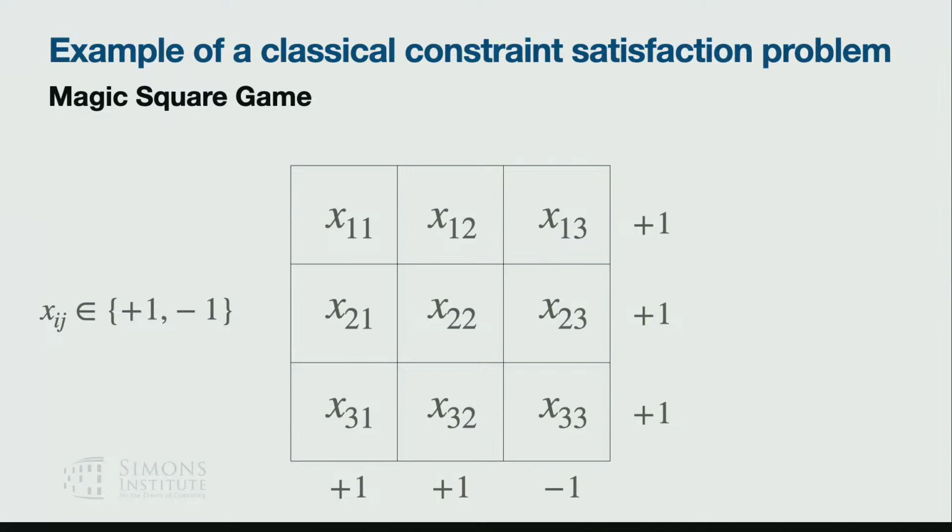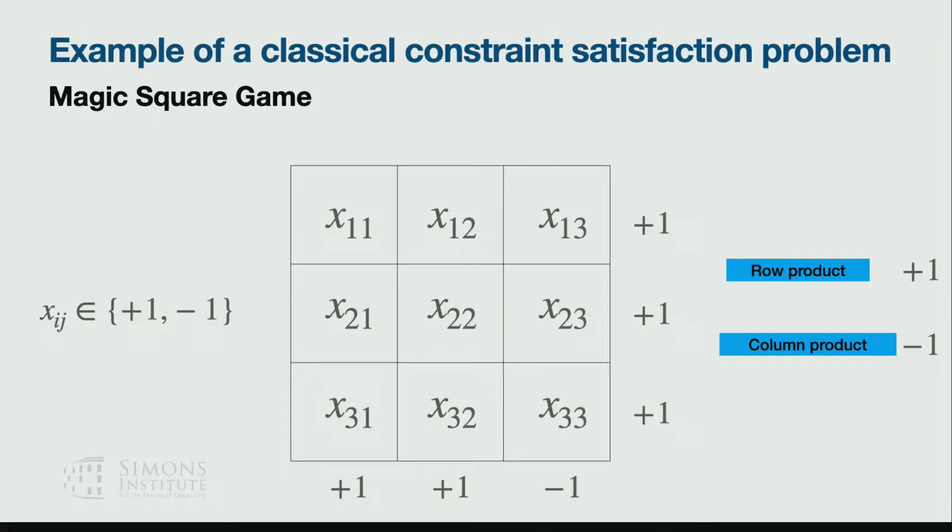And the question is, can we simultaneously satisfy these constraints? Well, a moment's thought shows that this is really not possible. By way of contradiction, suppose that we could satisfy these constraints. Then if we multiply these variables row-wise, we would get +1, and if we do it column-wise, we would get -1, and that's a contradiction. So we cannot simultaneously satisfy these constraints.